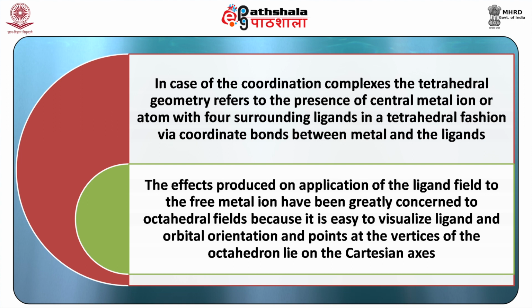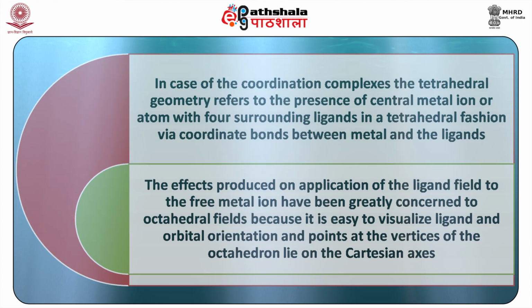The effects produced on application of the ligand field to the free metal ion have been mostly considered for octahedral fields because it is easy to visualize ligands and orbital orientation, with points at the vertices of an octahedron that lie on the Cartesian axis.